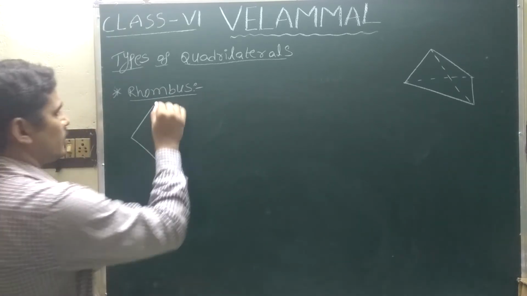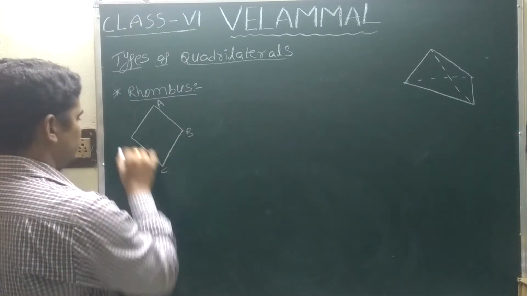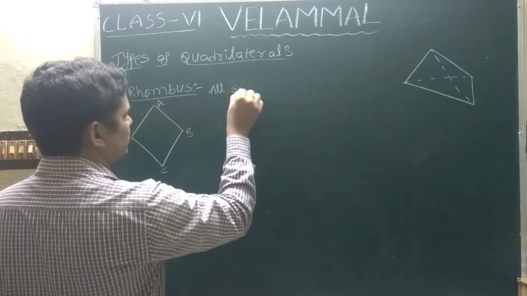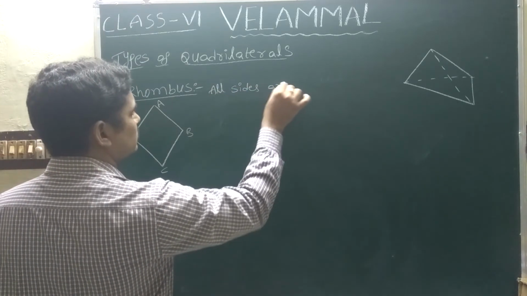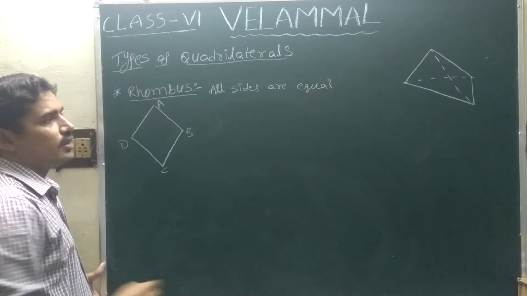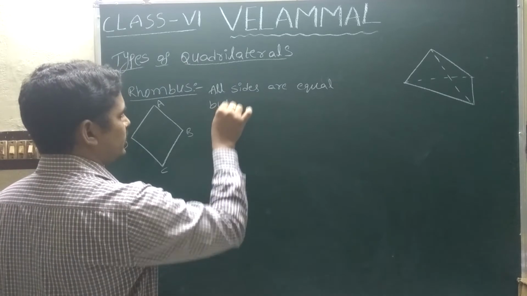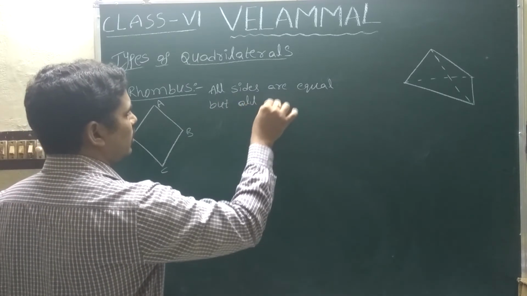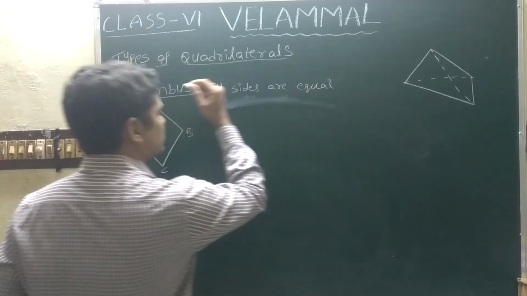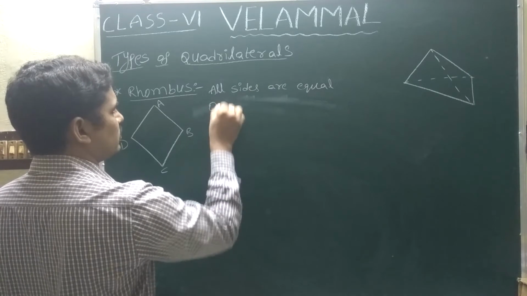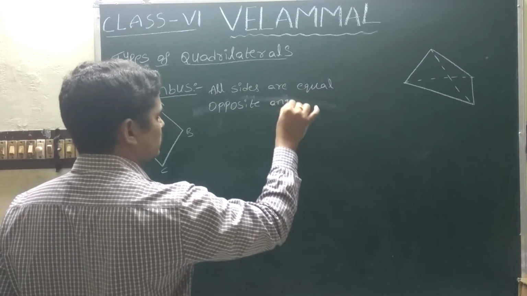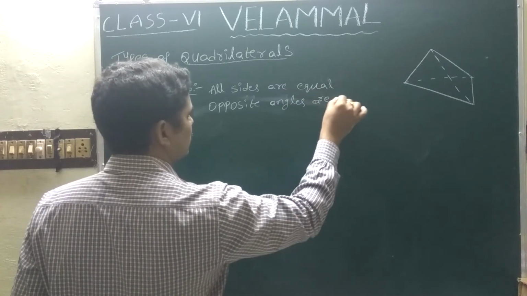Here, all the sides will be equal. All sides are equal. Like the same, like square only. All sides are equal, but all angles are, or else we can say opposite angles are equal.